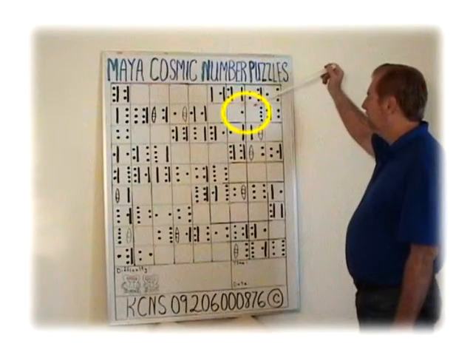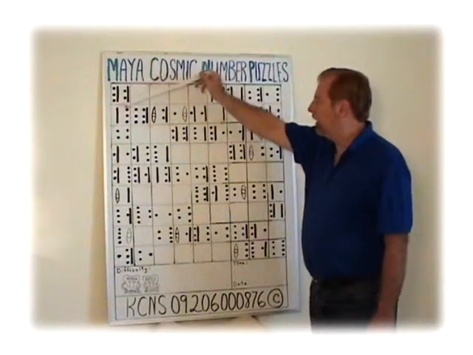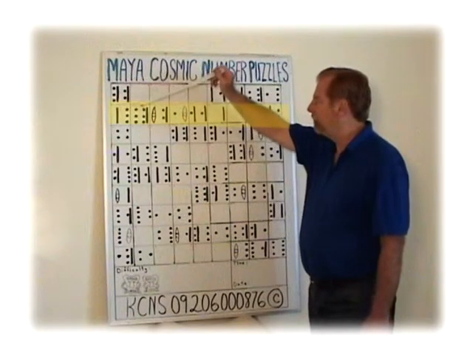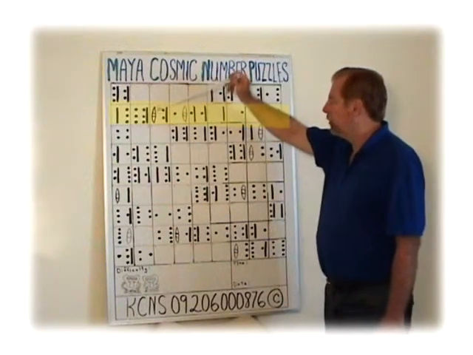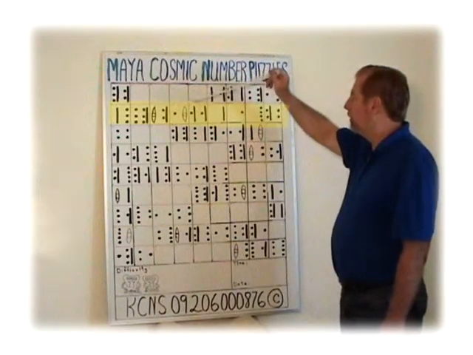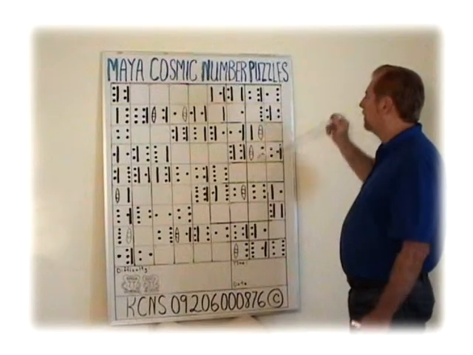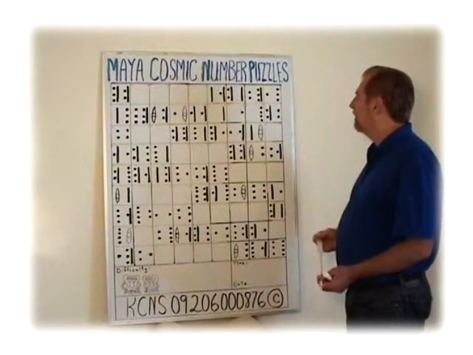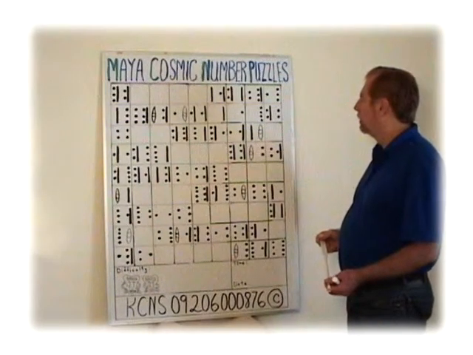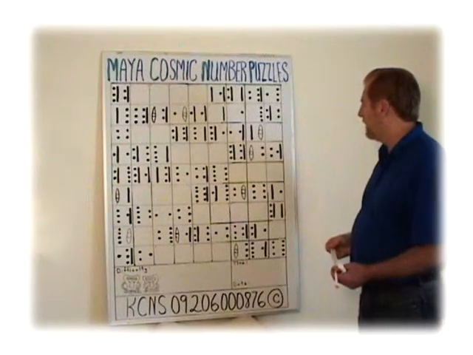Then if we're solving for the left side of this row, we have a 5, we have a 3, we have a 0, we have a 1, we have a 6, and we have a 7. We're missing a 4, a 2, and an 8.